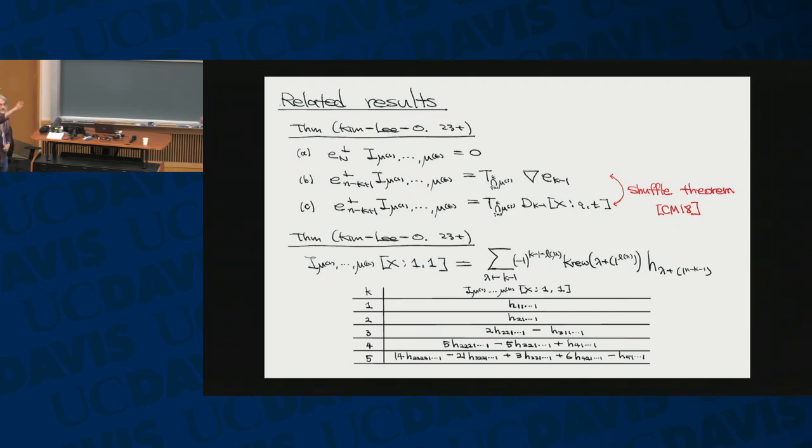Further questions? Yes, the leading coefficients in your h expansion seem to be the Catalan numbers. So she's asking if in this expansion, the coefficients of the leading terms are 1, 1, 2, 5, 14, which is our favorite sequence.